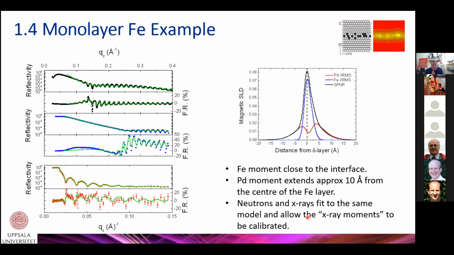We can, however, fix the magnetization moments by simultaneously fitting the palladium edge, the iron edge, and PNR, and by simultaneously fitting multiple energies and the neutrons, we are able to get a full description of what the magnetization is doing in that quantum well structure. So you can measure the profile nicely.